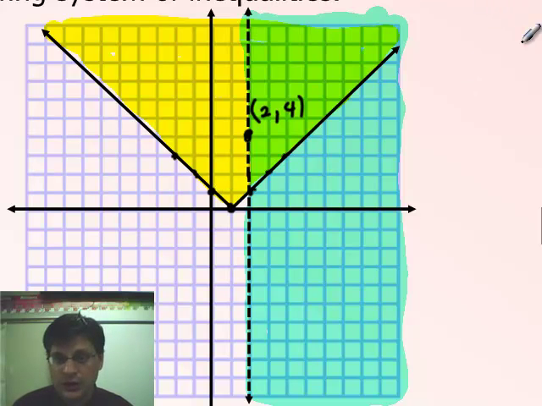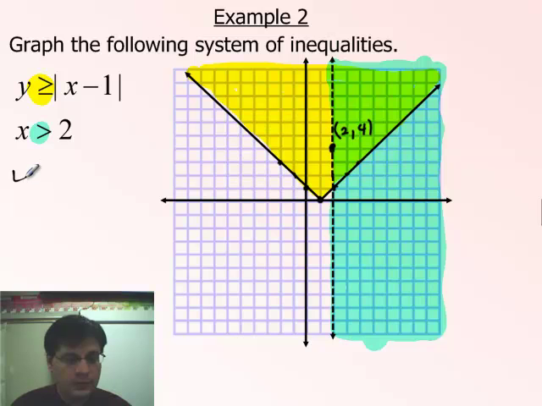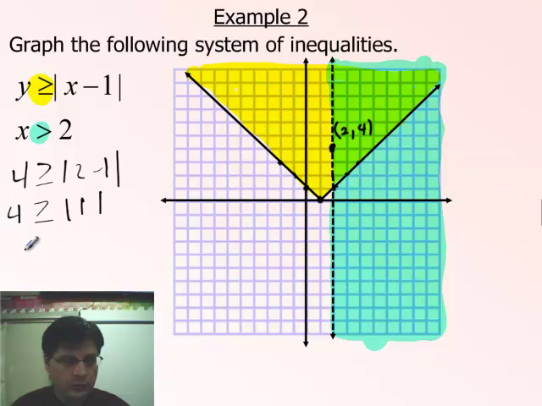But let's verify this. We'll start off with the absolute value. So 4 is greater than or equal to the absolute value of 2 minus 1, and 4 is greater than or equal to, so this is going to give me the absolute value of 1, which is just 1. So 4 is greater than or equal to 1.